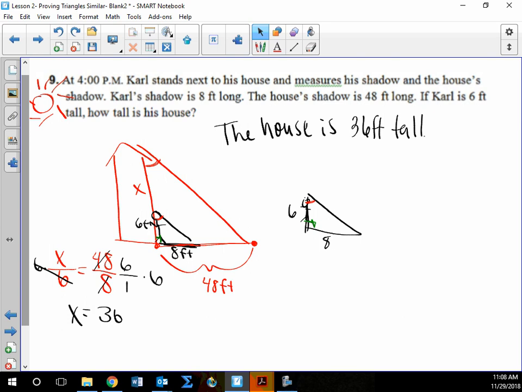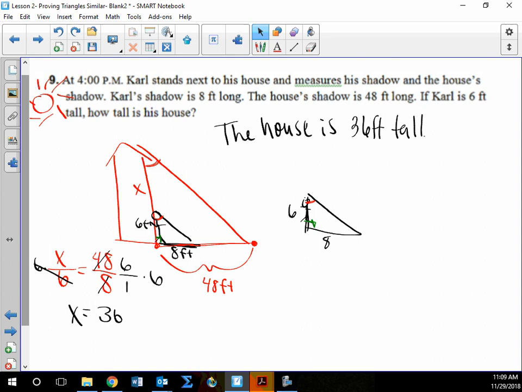Okay, questions on this? Yes. How would the sun's angle be the same? You're correct with that. In our high school class we treat it as the same because the sun is so far off. It's a minimal amount that would not make a difference here. But when mathematicians use this for big stuff, they do have to take into consideration that it's going to be slightly off.